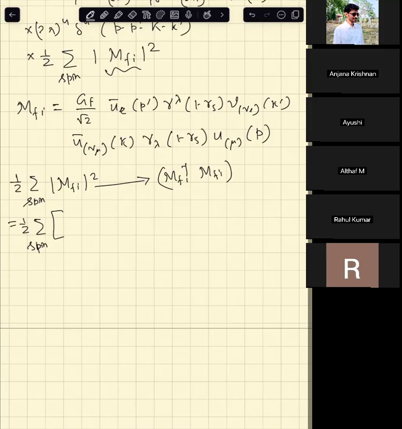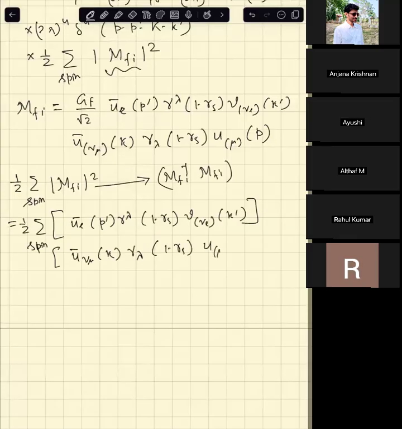So if I calculate that, how will I write it down? ū_e(P′) γ^λ (1 − γ^5) v_νe(K′). This is one part. The second part is ū_νμ(K) γ_λ (1 − γ^5) u_μ(P), which is the M part. Now the M dagger part is basically your u_e(P′) γ^λ.